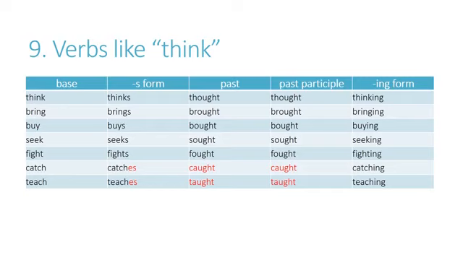Fight, fought, fought. Now the last two have the same sound in the past and the past participle, ought, but the spelling is different. Catch, caught, caught. Teach, taught, taught. Also, you'll notice that with the S form, we have to add an ES rather than just a single S. Catches, teaches.